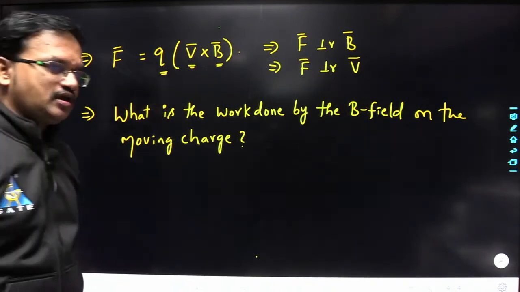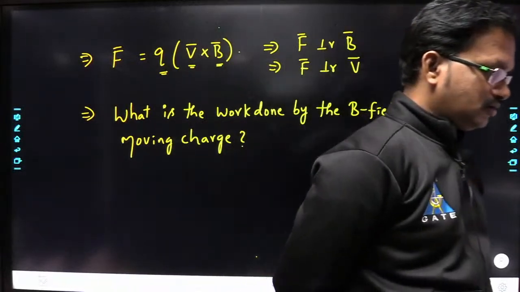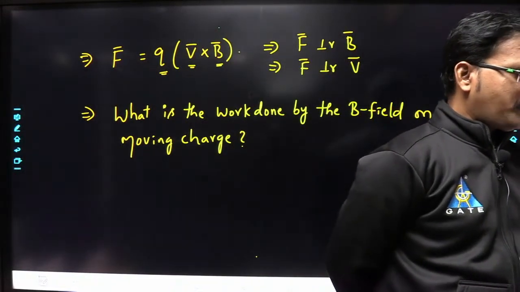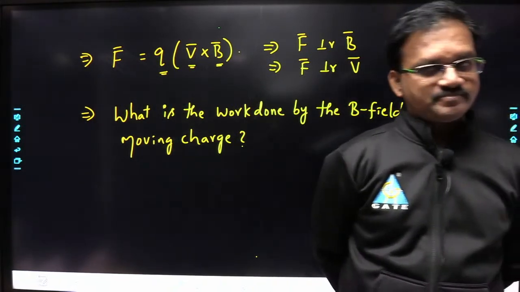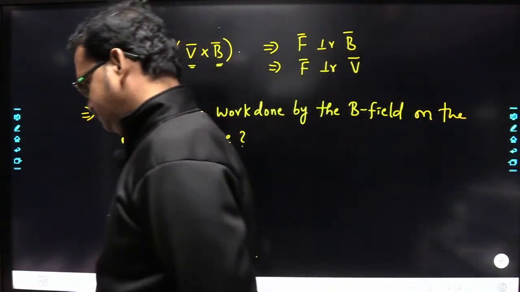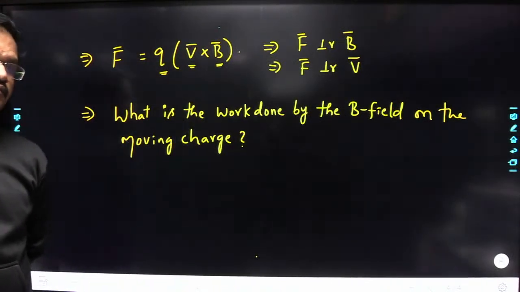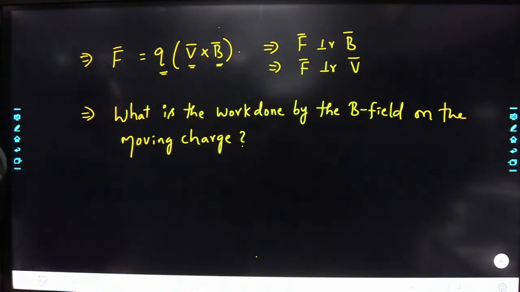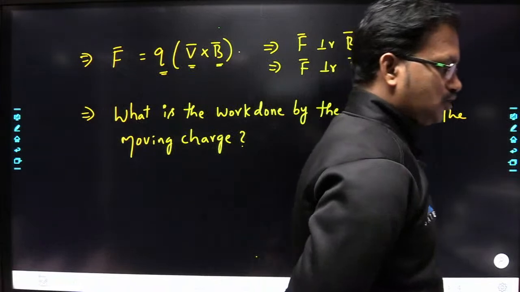I am just asking whether it is equal to 0 or not equal to 0. Work done by the B field on a moving charge is equal to 0 or not equal to 0? Tell me.